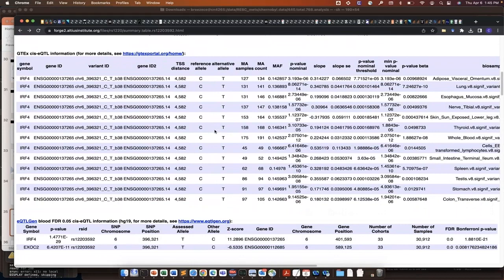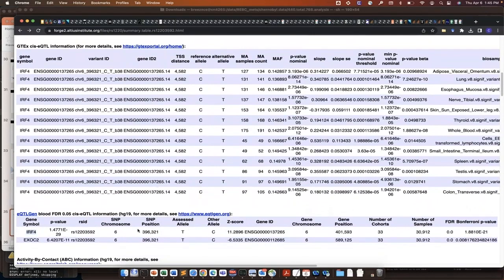So this particular variant is definitely in the intron of IRF4, the fourth intron of IRF4 for the main transcript. So that's good. That's the context.